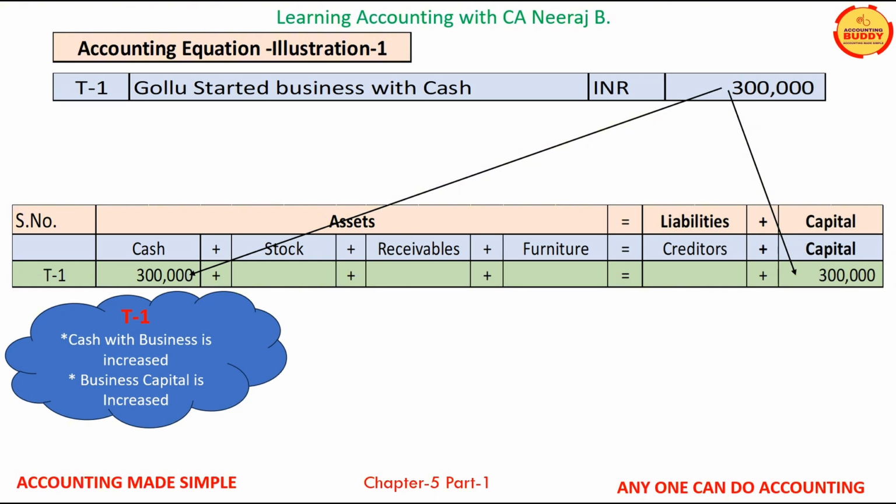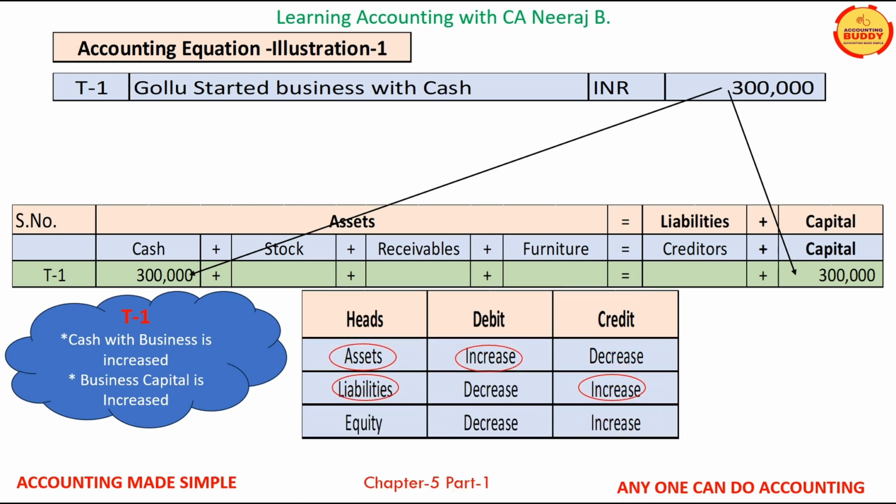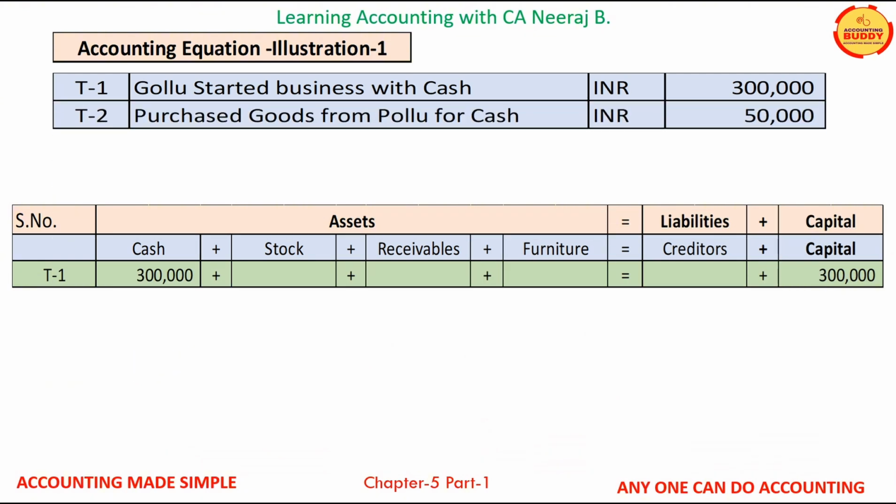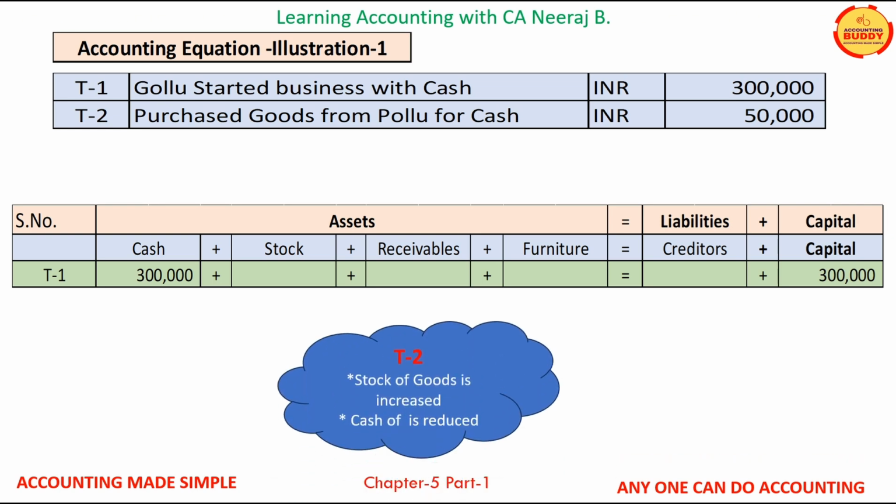Please note, cash being an asset is increasing, therefore it will be debited, and the capital is also increasing, it will be credited. T2 transaction on your screens is Golu purchased goods worth 50,000 from Polu for cash. With this transaction, the stock, which is an asset, will increase and the cash, which is again an asset, will be reduced.